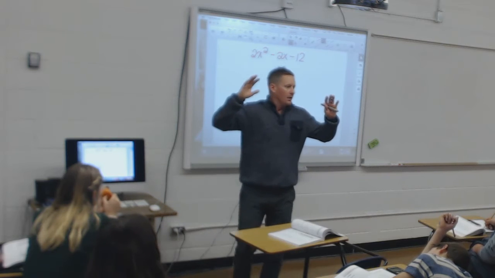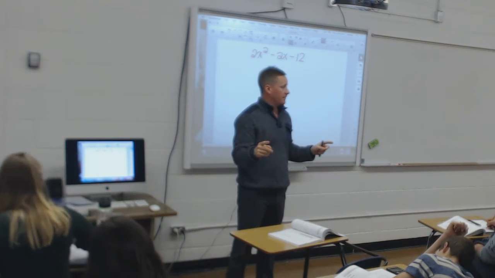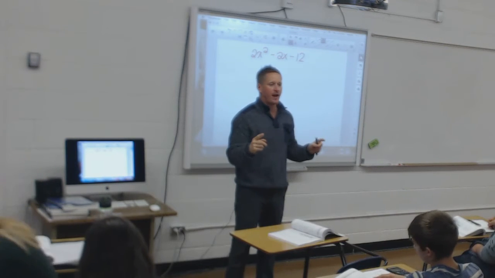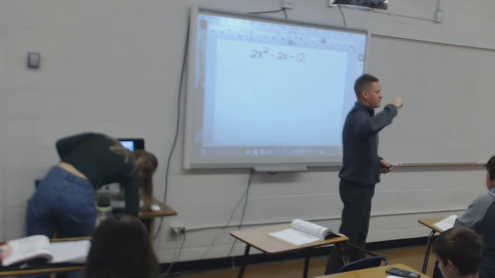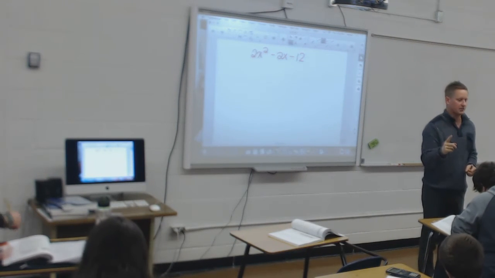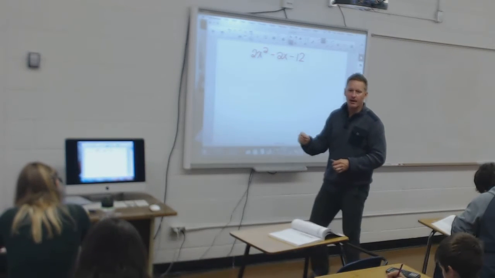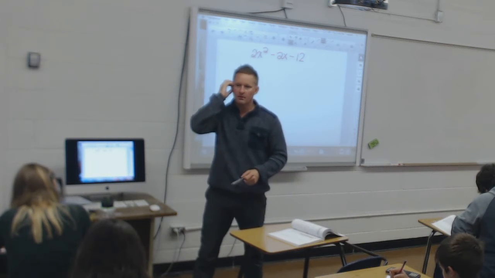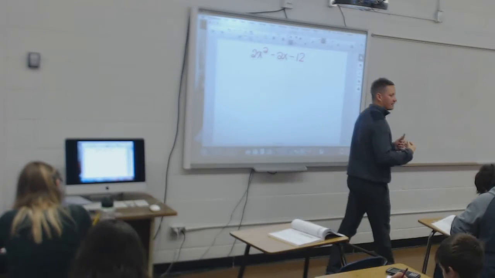But number one thing, make a note of this somewhere right now. The number one thing you do in factoring, make a note, circle it, big block letters: you look for a greatest common factor first. Before you do anything when it comes to factoring, look for a greatest common factor.